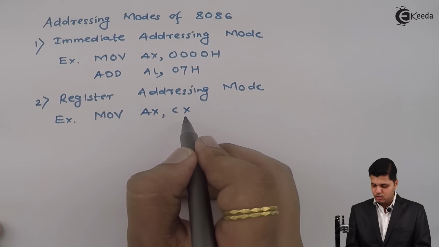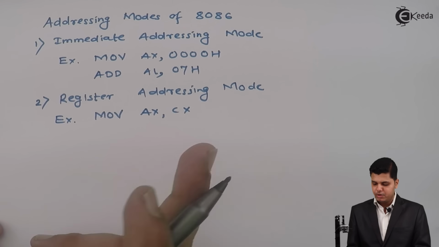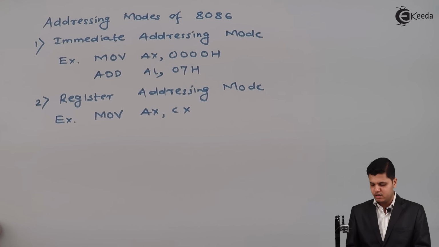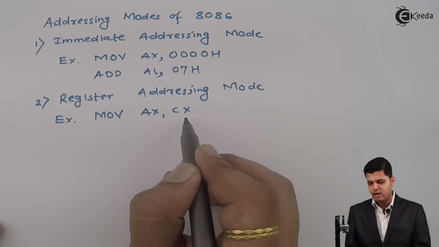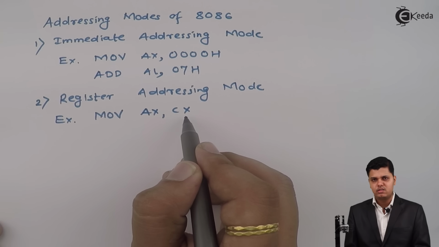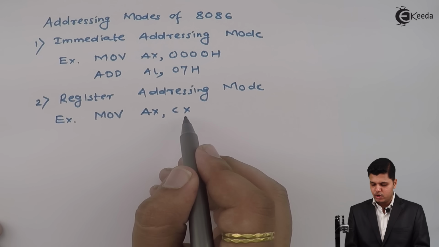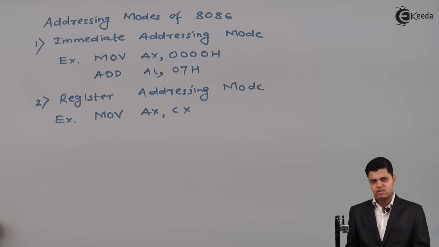In this instruction, MOV means copy the data from one register to the second register, and the registers used are AX and CX. One register is AX and the second register is CX. The second operand we have specified is a register, so it is called register addressing mode.